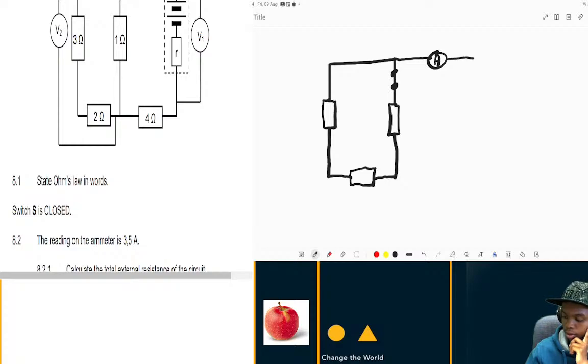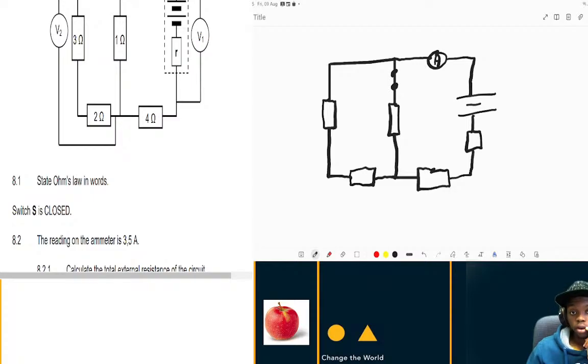We have an ammeter, we have a battery with an internal resistance, and we have the last resistance here. So this is the battery we have.